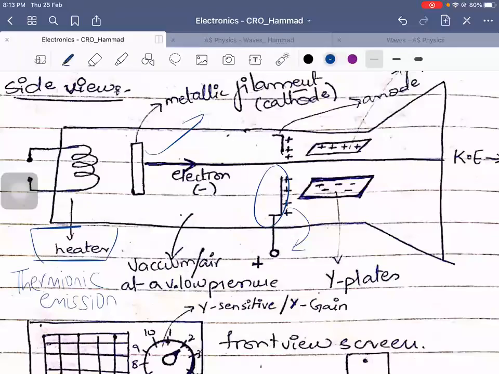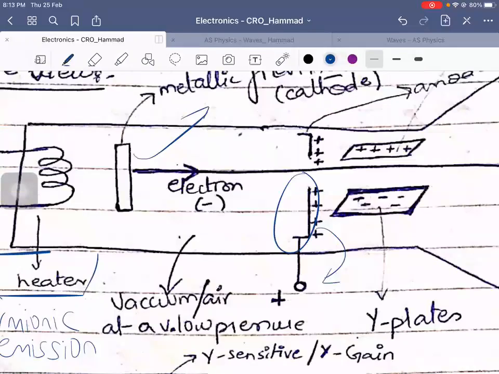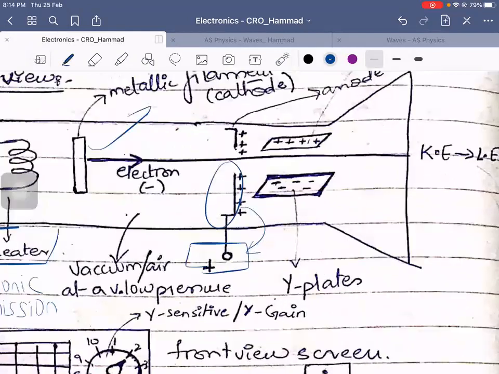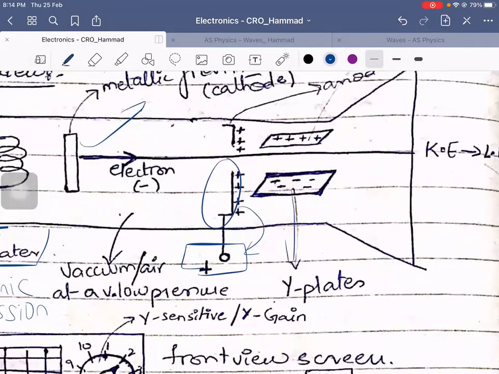Moving forward, as soon as the electron is emitted from the surface of the metal, the positive plate will attract it, right? And then there are Y plates, that is the plates at the top and the bottom. These Y plates are responsible for the movement of the electrons in this direction, or let's say in this direction, right?